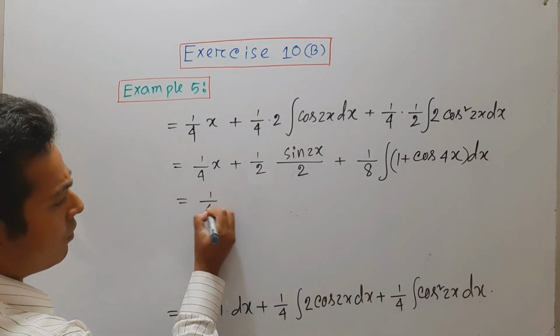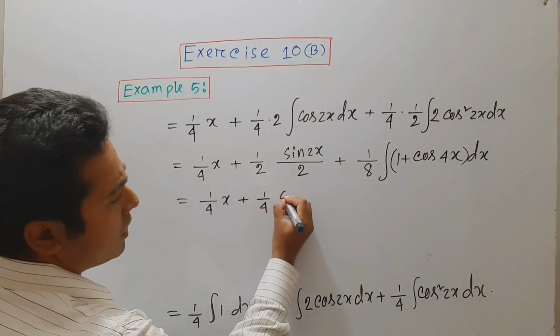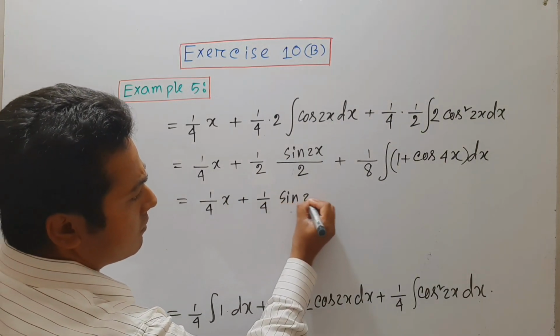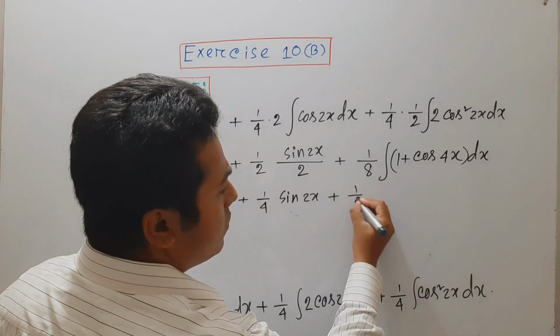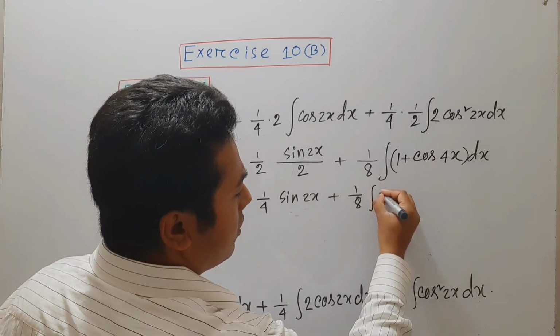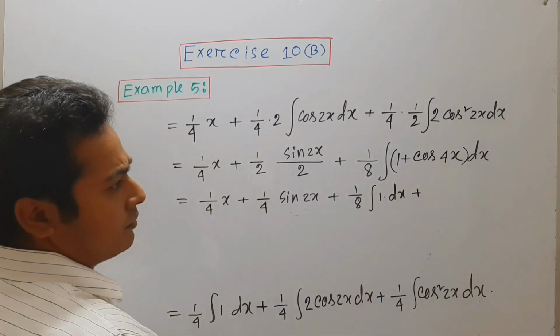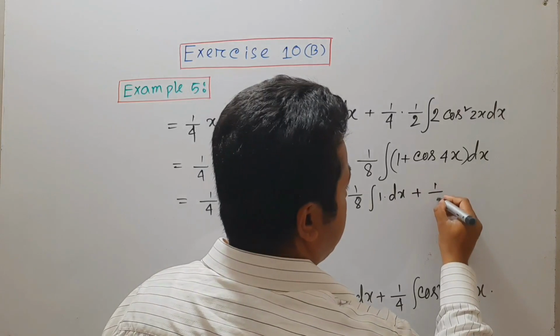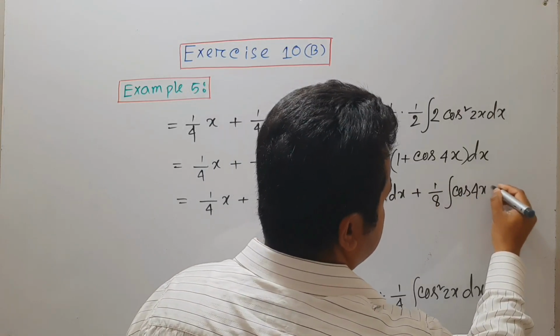Then 1 by 4 into x plus 1 by 4 into sin 2x plus 1 by 8 into integration of 1 into dx and plus 1 by 8 into cos 4x dx.